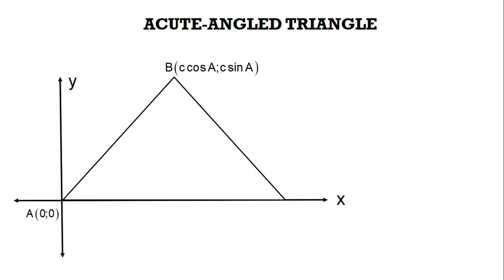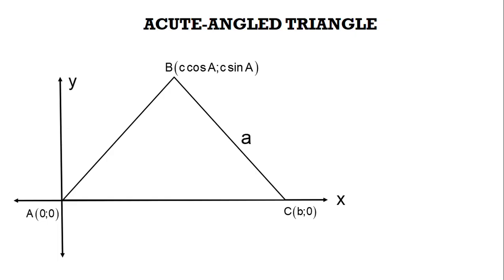Now you have your B. What is important is that you remember this. In the end, I will try and explain how we get our x coordinate to be c cos A and how we get our y to be c sine A. And then you have your coordinate C, which will have the coordinate b and 0.